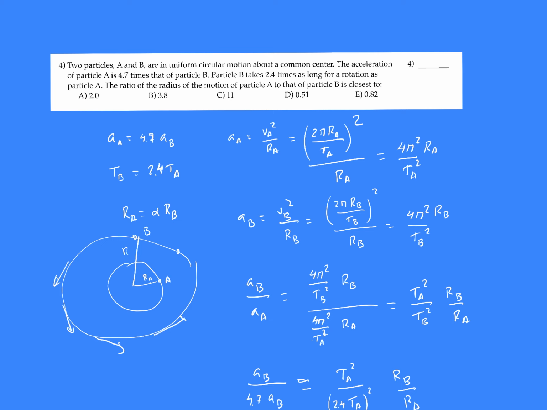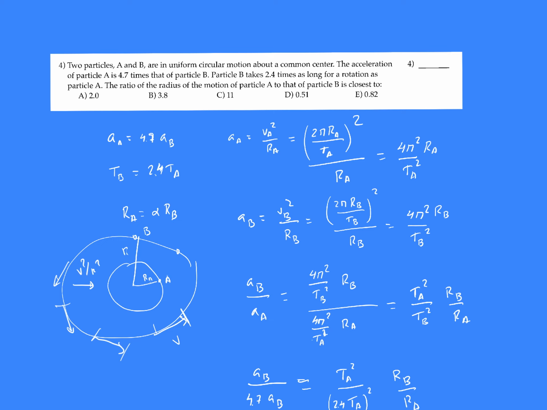So there is acceleration going inwards to the center, and the acceleration is v squared divided by the radius.